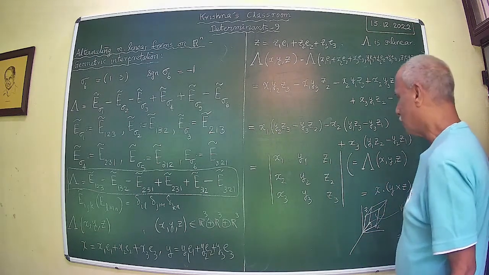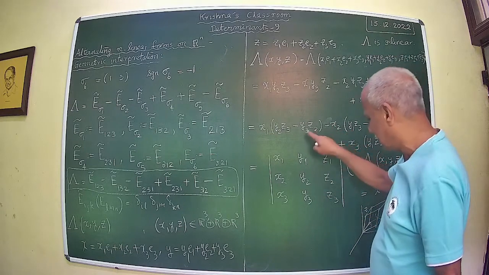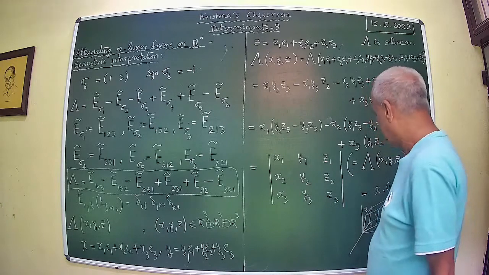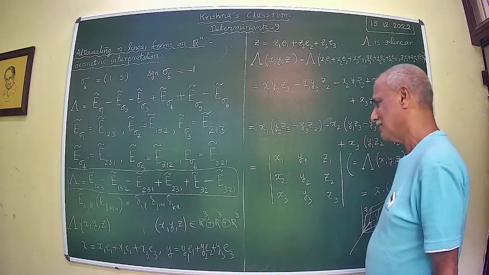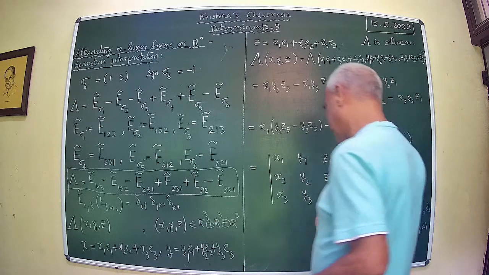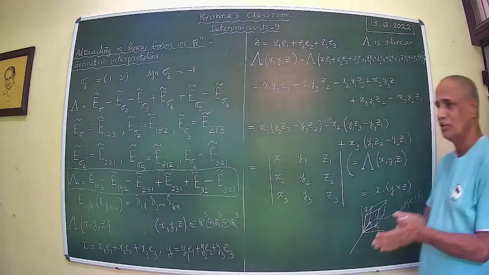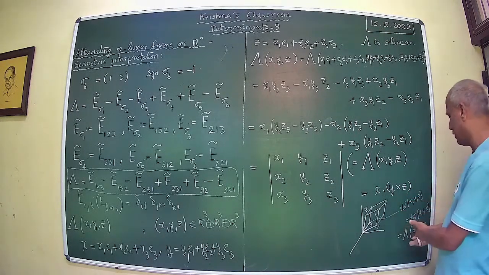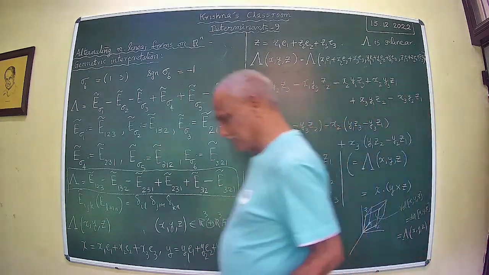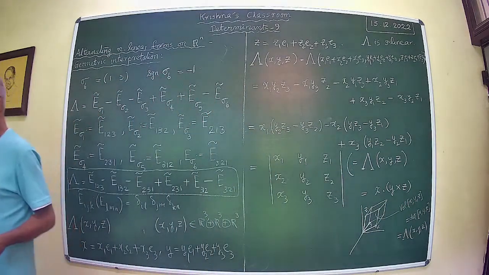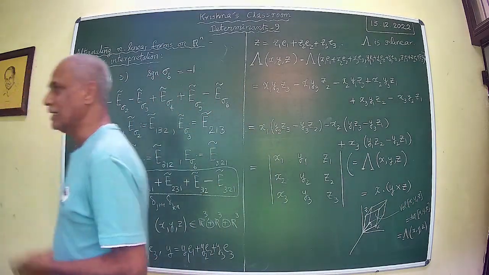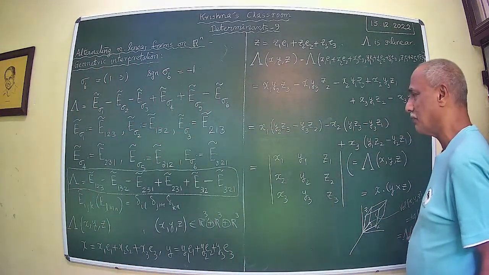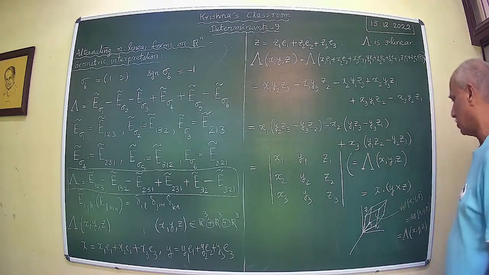If you have both the columns as scalar multiples of this, then the whole thing will collapse into a line. In that case, you get 0 volume. So these are all there when you say lambda is an alternating n linear form, the basic alternating n linear form.